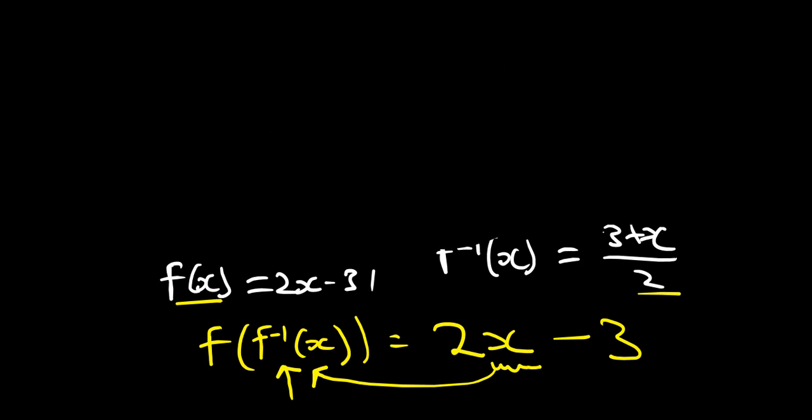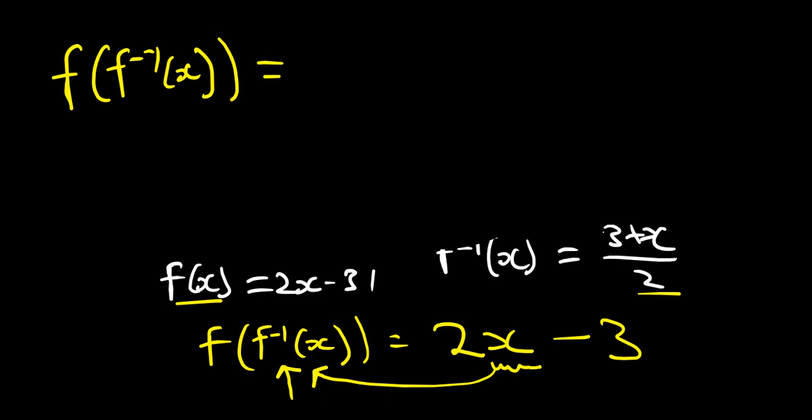So we're going to say f of f inverse of x is equal to 2, and where there's x, I'm going to substitute the function f inverse. So f inverse is (3 plus x) divided by 2, and then I have a minus 3 there.